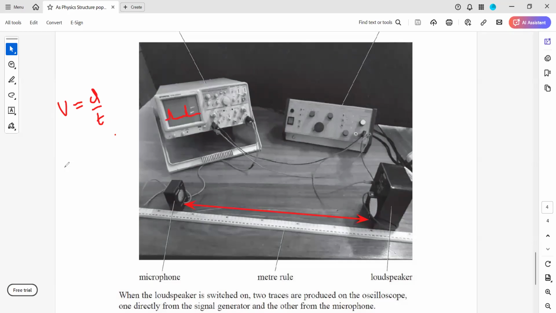Why not v equals f lambda? Because we don't know the frequency of the sound and the wavelength. It's not producing a standing wave. That's why we cannot use v equals f lambda. If it was producing a standing wave, yes, we could use v equals f lambda. But here there is no standing wave.